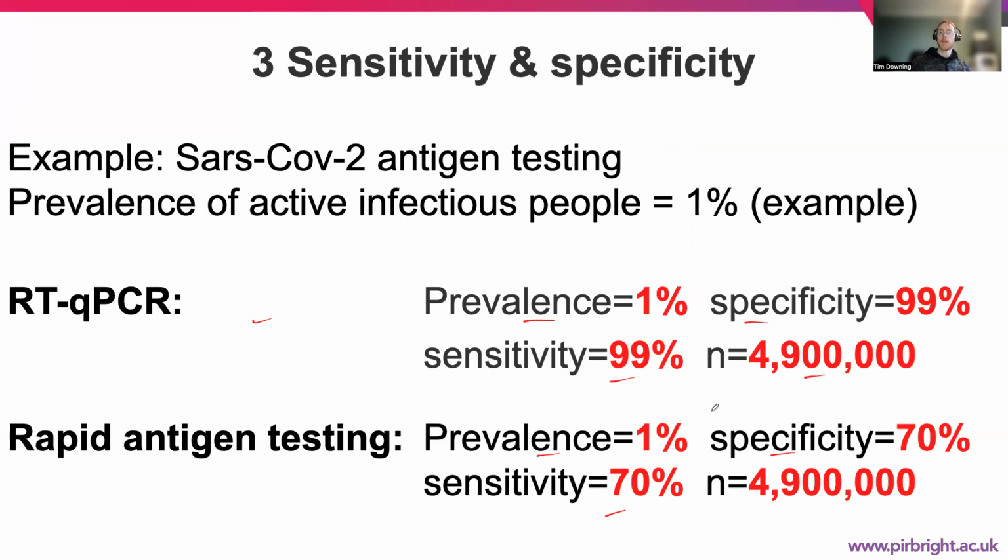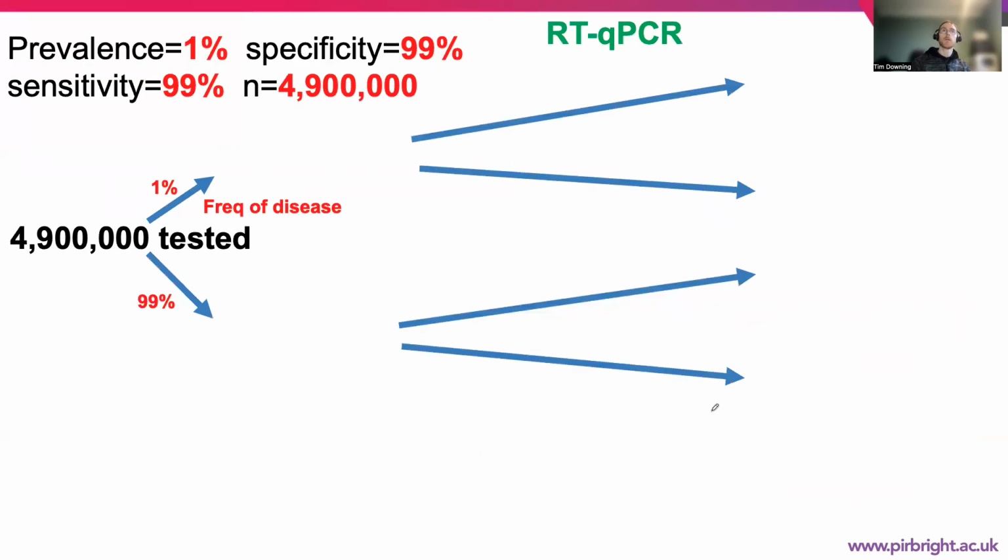So let's work through this example. We're starting off with that prevalence. So therefore we can calculate the numbers of people that fall into each category. We're dealing with 49K of people that actually have the issue, and 4,851K that don't have this issue.